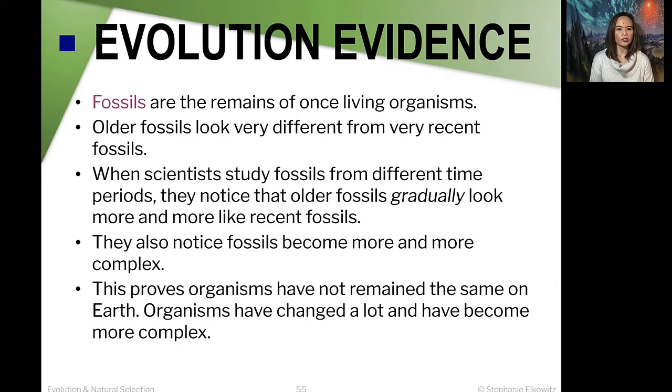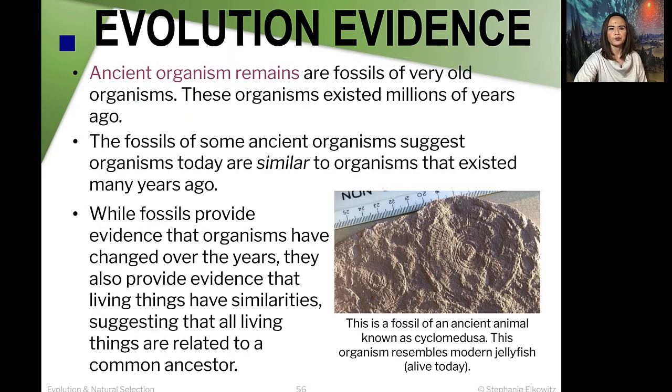They also notice that fossils from before are simple, and as they become a little bit more recent, they become more complex. And this proves that organisms did not remain the same over the course of time on Earth, and that organisms have changed and become more complex.